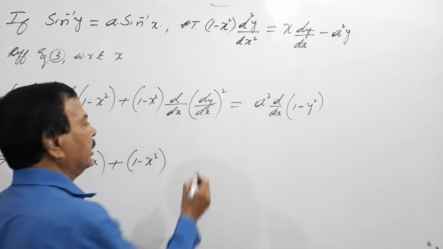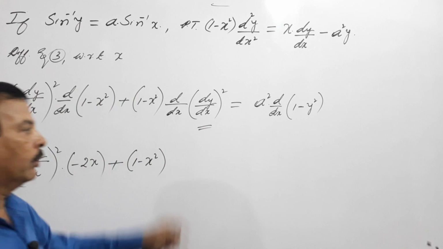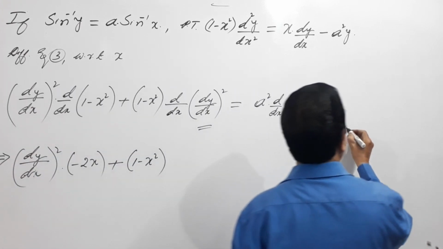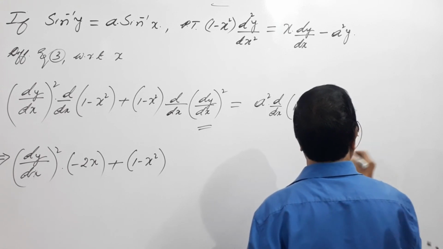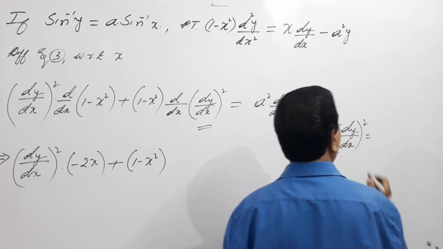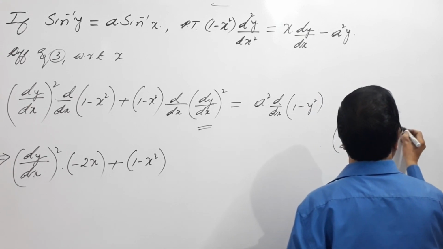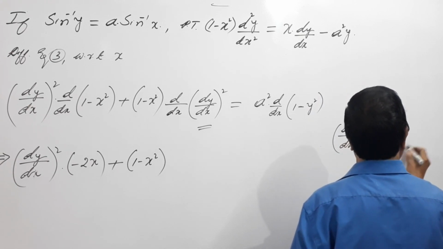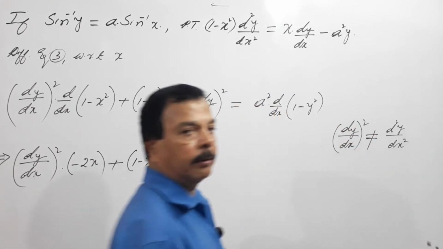And here is an important issue. Be careful here, most of you go wrong here. See here, (dy by dx) the whole square is not equals to d square y by dx square. Remember this.